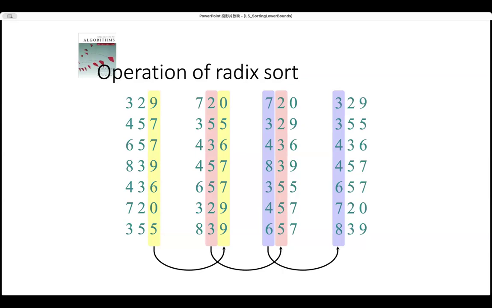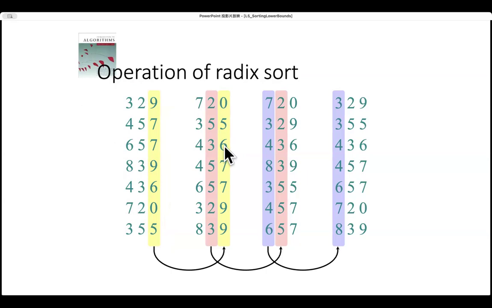So for example, we start from the left-hand side, from the first digit. We have 9, 7, 7, 9, 6, 0, 5. So obviously 720 appears first because 0 is the smallest one. And then we have 355 because 5 is the second smallest, and then 436 because 6 is the third smallest.